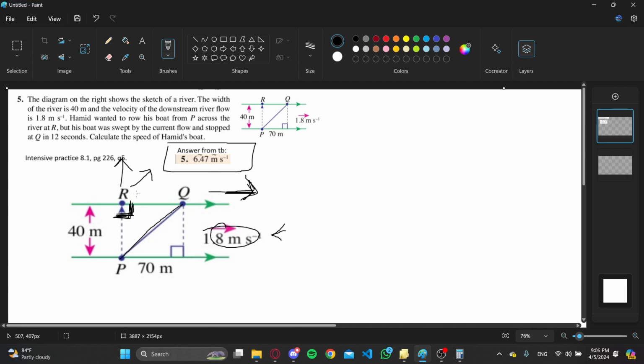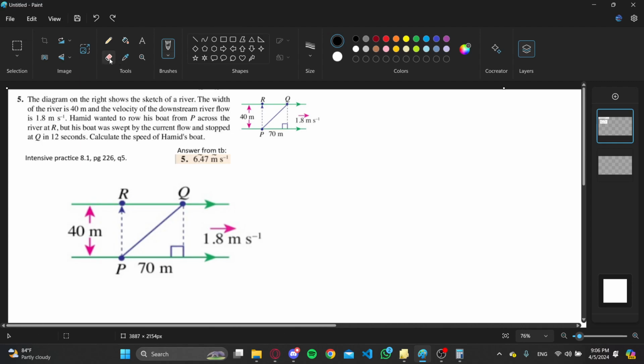He doesn't move slightly to the right or anything. His boat speed is purely upwards, and the only thing that's carrying him rightwards is the river speed. And if that is the case, then 1.8 times 12 is not gonna carry him 70 meters. I hope you can understand what I'm trying to say. Yeah, and if you're watching this video, you probably already guessed that. I'm reassuring your suspicions.